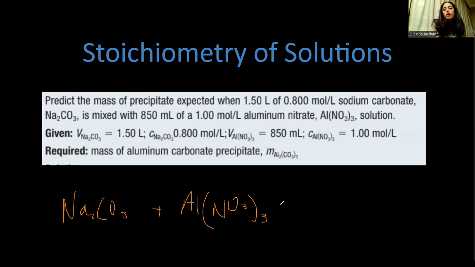Now what will be the products of this reaction? Wouldn't it be NaNO3 plus Al2(CO3)3?